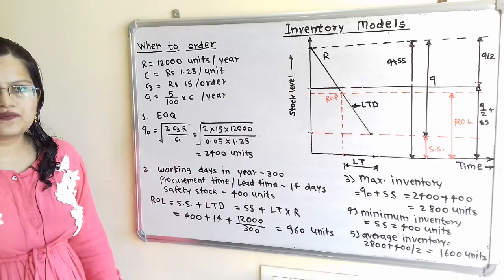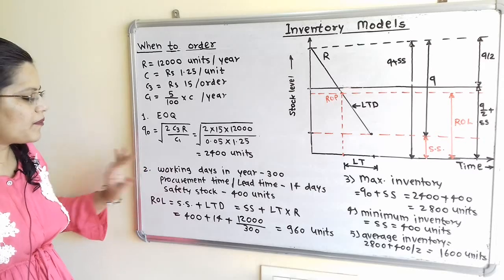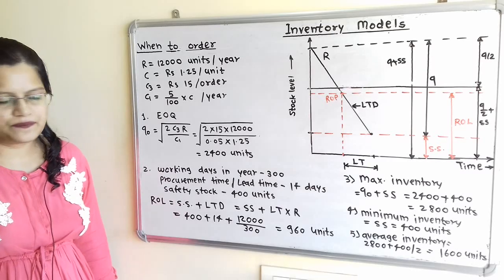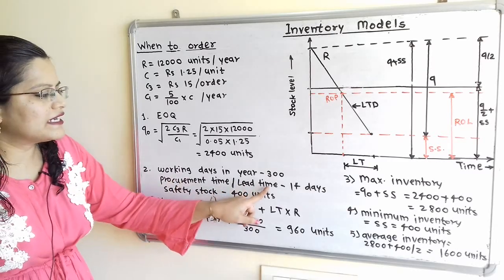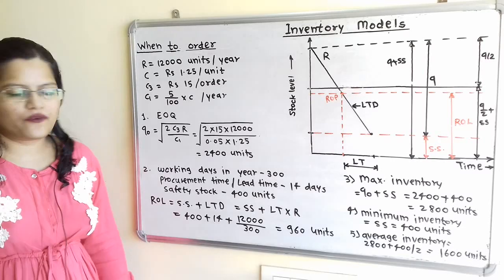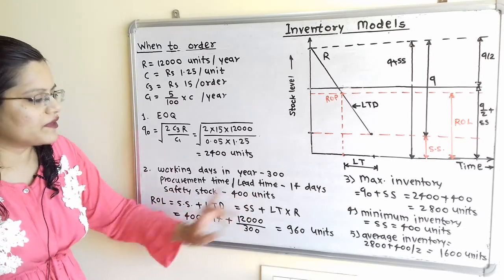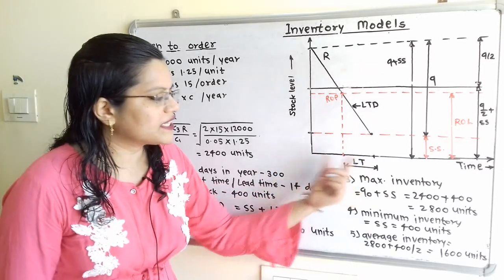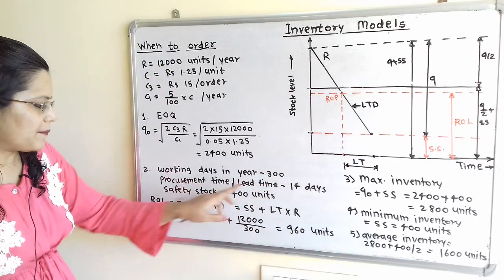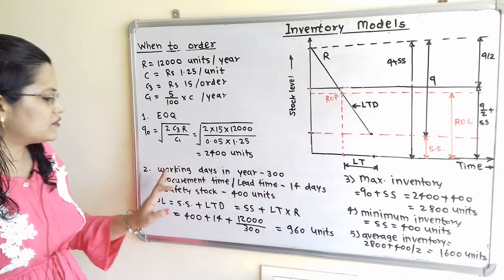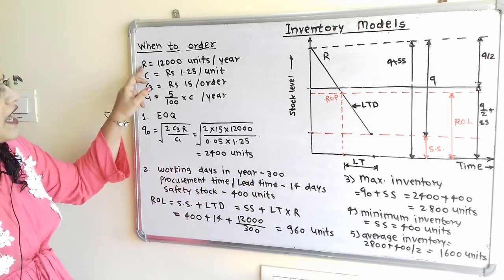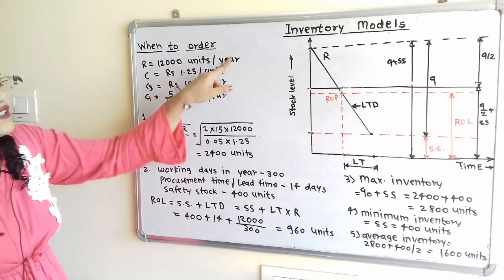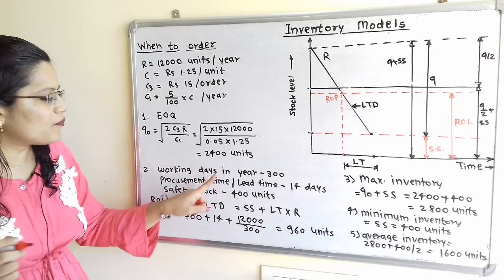Now next question. For the next question, some information is given. Working days in a year is given as 300. Then procurement time or lead time is also given, that is 14 days, and safety stock is given as 400 units. Now if we observe, the lead time is given in days. So here we have to convert R, the demand rate, into days as well. That is, 12,000 units in 1 year, and in 1 year how many working days?